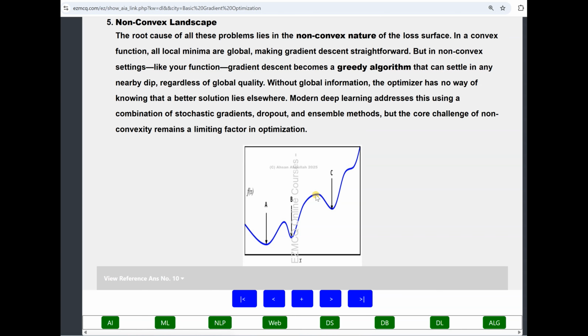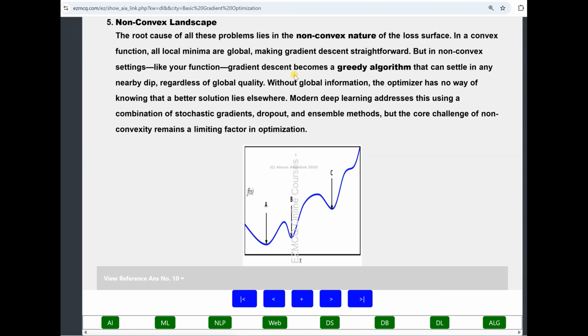Here we also have a chance of a vanishing gradient. Because the slope is zero, there is slow learning, and it keeps the optimizer from moving forward towards the global minima A. So if the weight increases and gradients vanish, the model will get stuck over there. It's not going to come out of it.